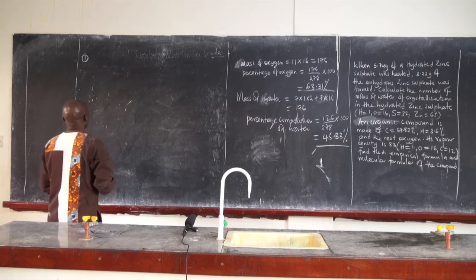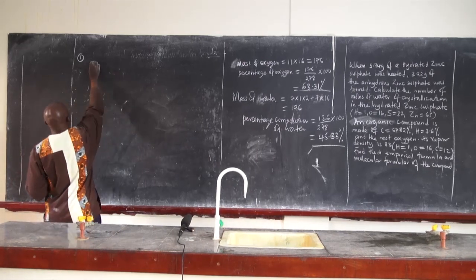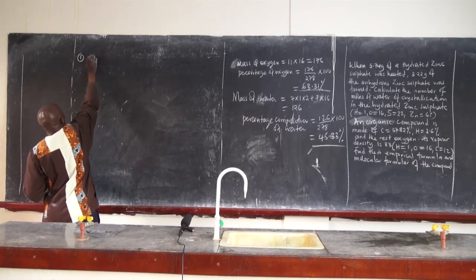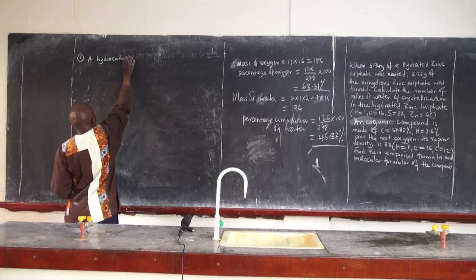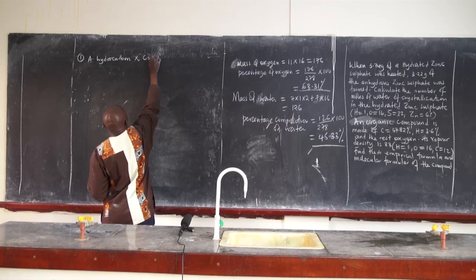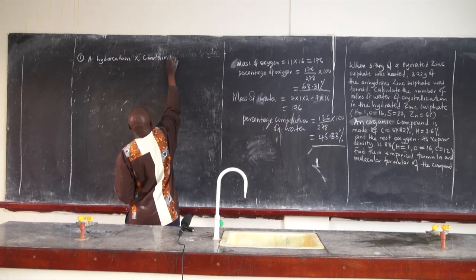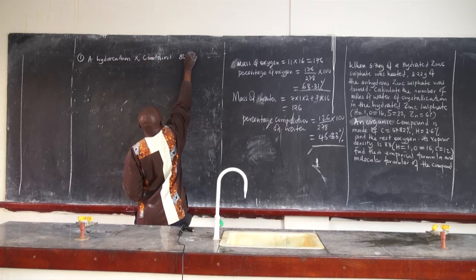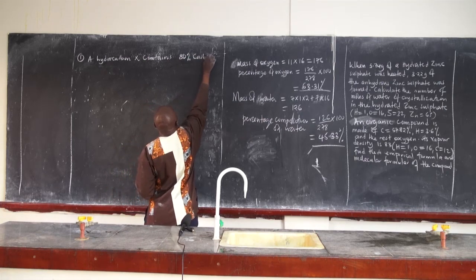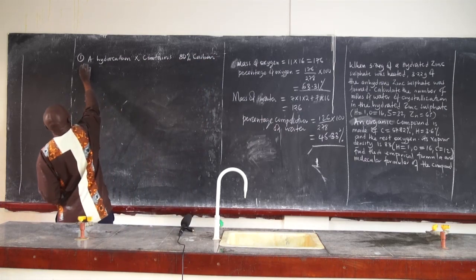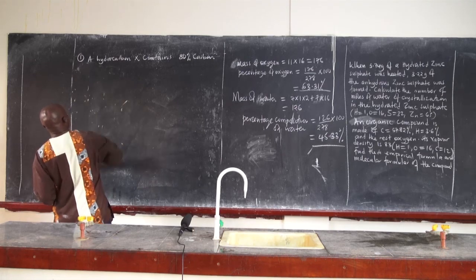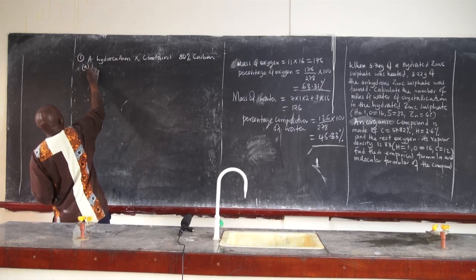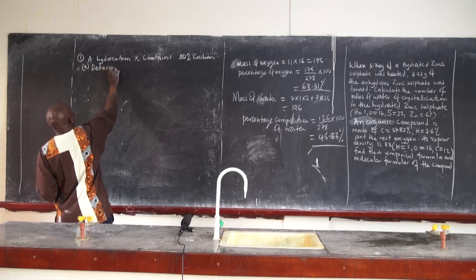The first question: hydrocarbon X contains 80% carbon. Determine part A, the empirical formula of X.